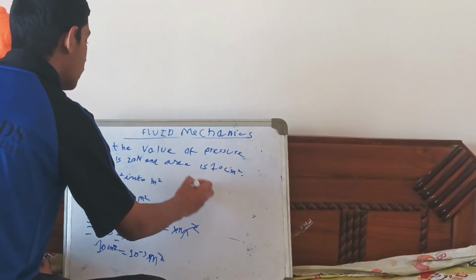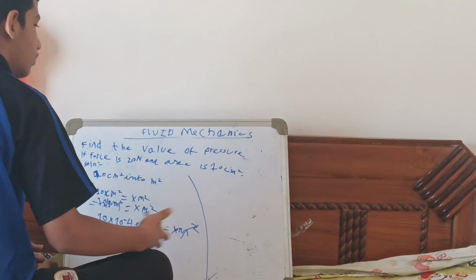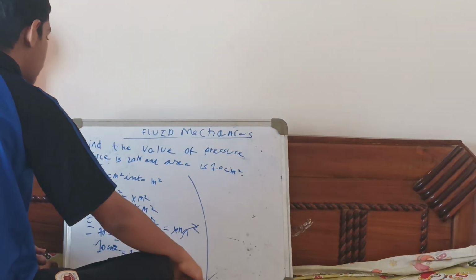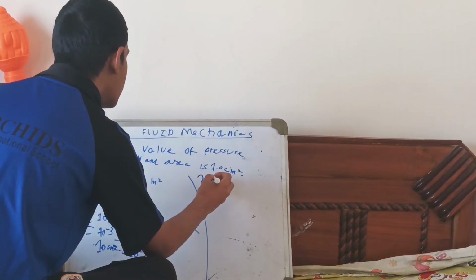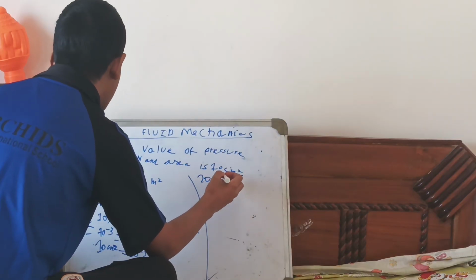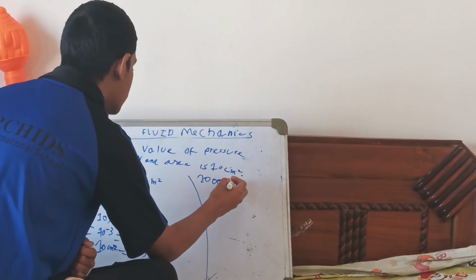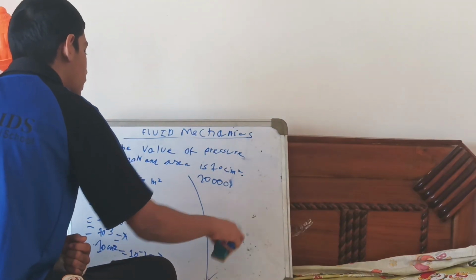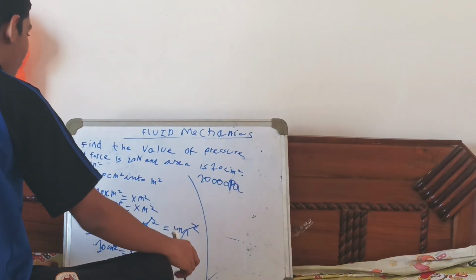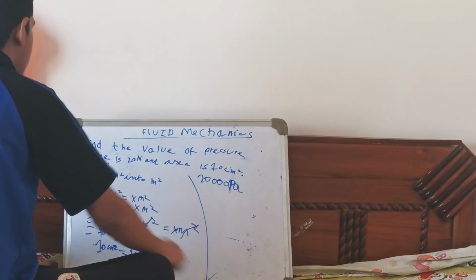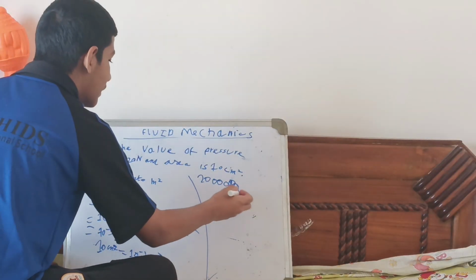Now substitute in the formula that I have told already. The answer will be 20,000 Newton per meter square, Pascal. You might make this mistake in exam. And I forgot to tell about Pascal.